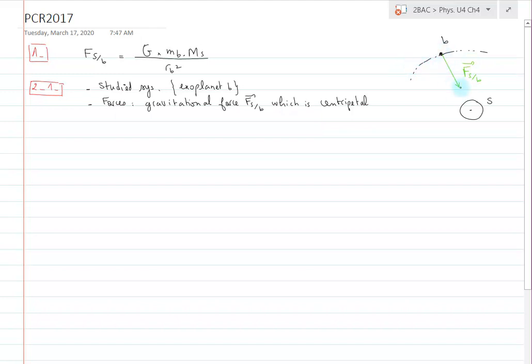Okay, centripetal. We study the motion of the system in a frame linked to the center of the star, assumed Galilean, in a Freinet base.